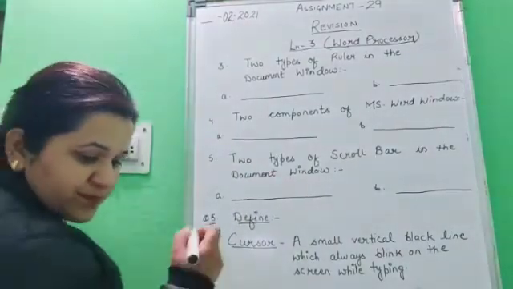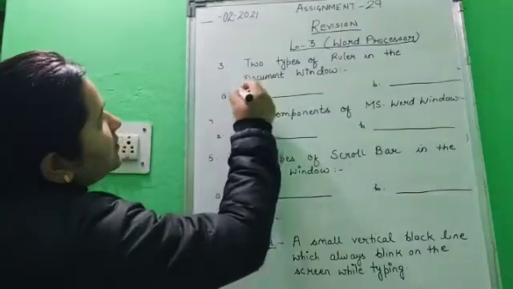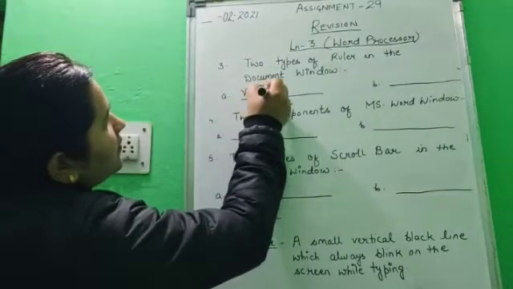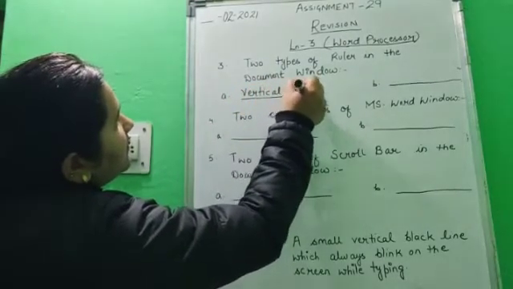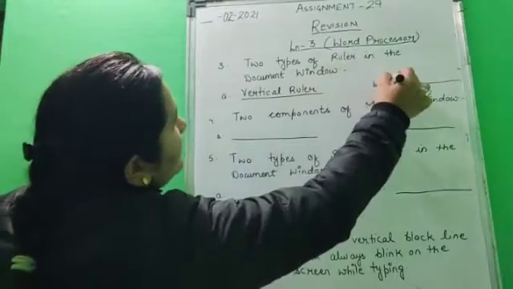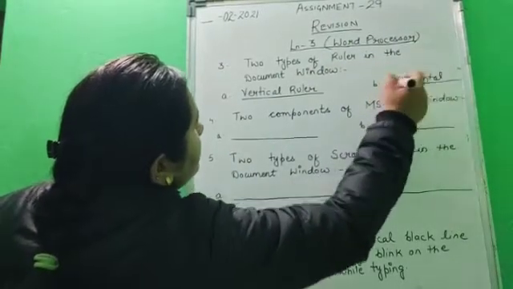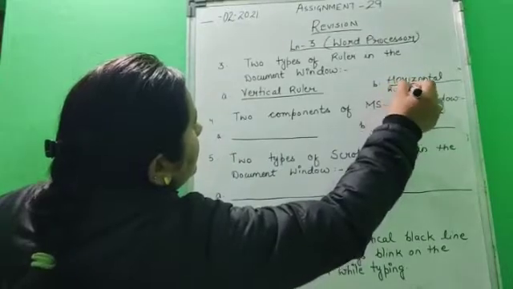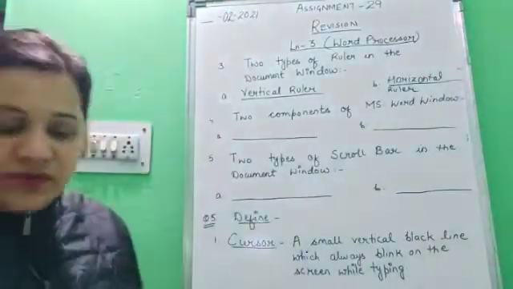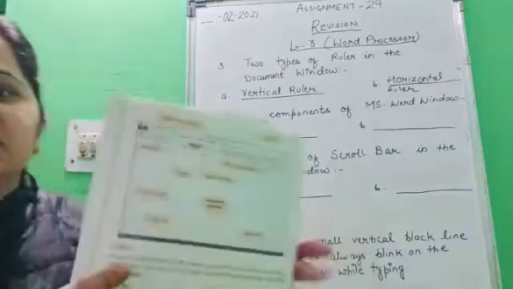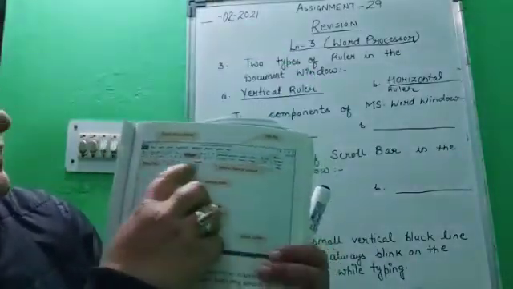What are they? Vertical ruler and horizontal ruler. The vertical ruler is this one, which is standing up, and the horizontal ruler is this.